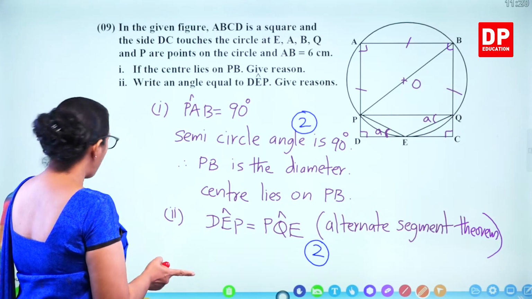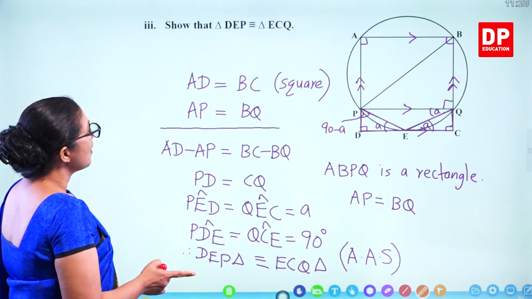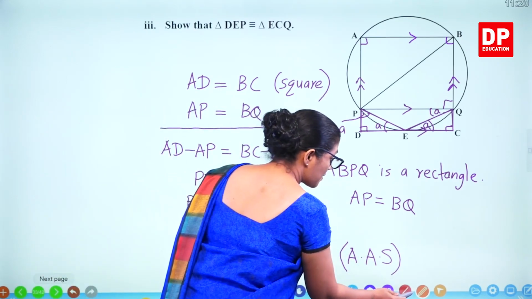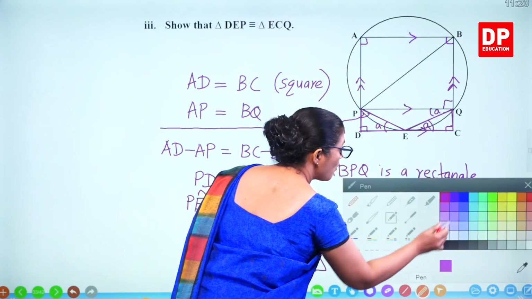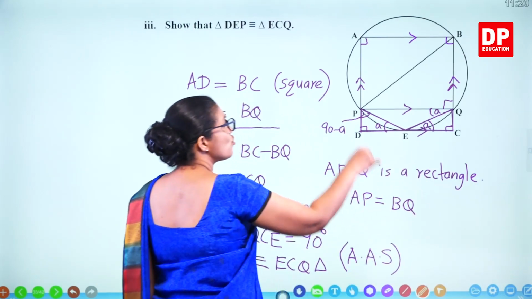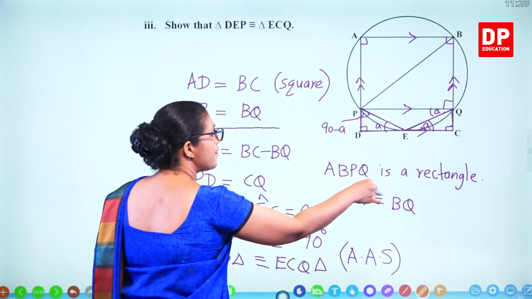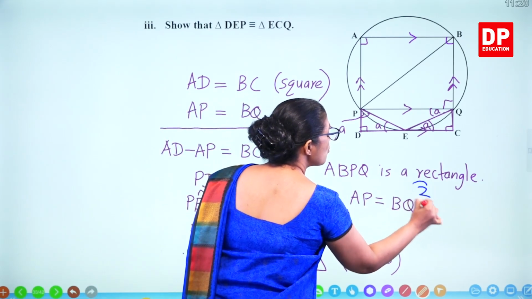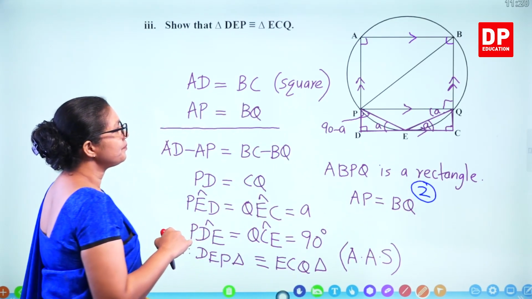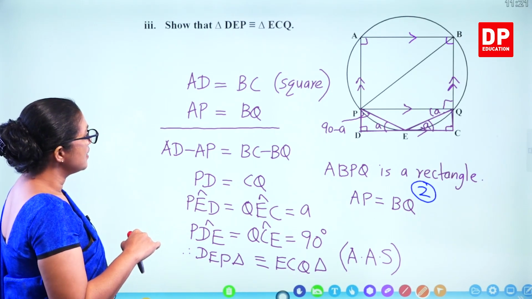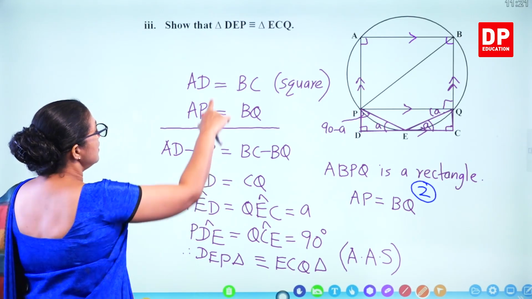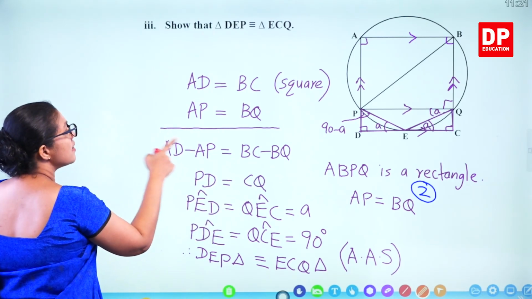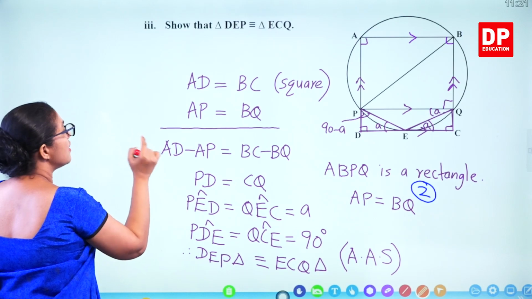So 4 marks here and you need to give 6 marks. Now this is why you are getting 6 marks, because you have to show that these are parallel and rectangle, everything. So here 2 marks to identify this, and subtracting this one and identifying this, again 2 marks.